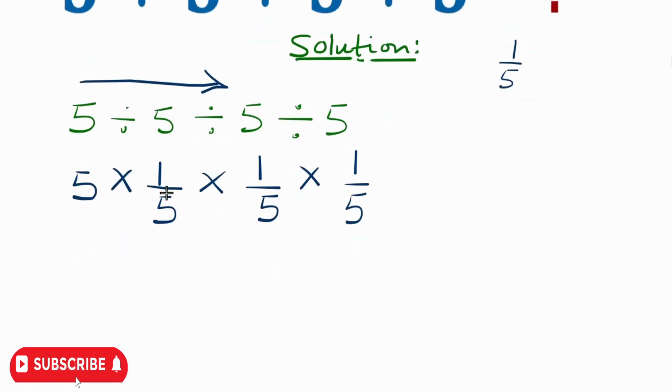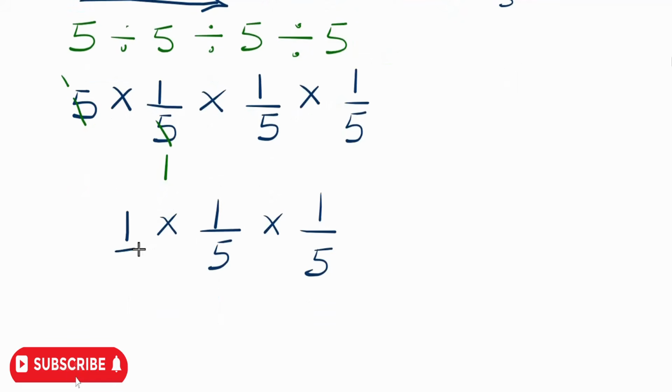Then our next step, we can see that this 5 divided by 5 we get 1, then by 5 we shall get a 1. And the next step, we are going to have 1 multiplied by 1 to give us a 1, but multiplied, on this multiplication symbol, by 1 divided by 5, again multiplied by 1 divided by 5. So in here we have the denominator 1. So 1 multiplied by 1.